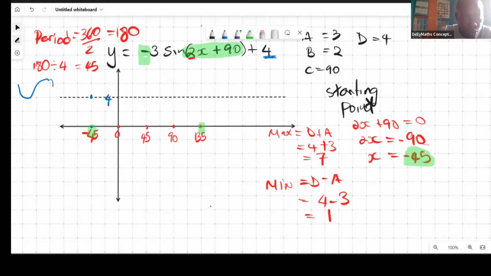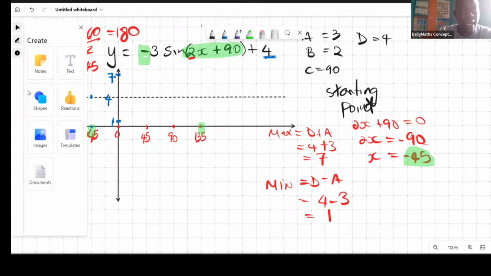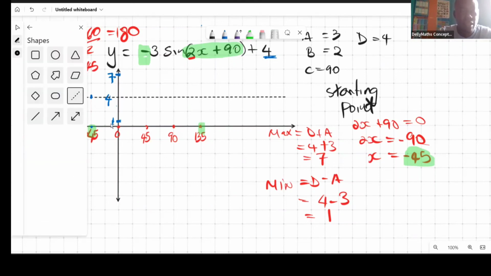Let's put 1 there. And let's put 7 somewhere up here. That's my 7. That's my 1. Let me put some lines there just to guide our thinking.